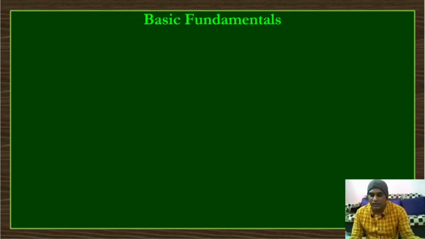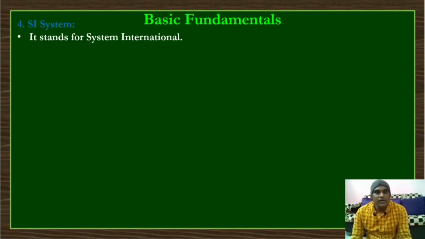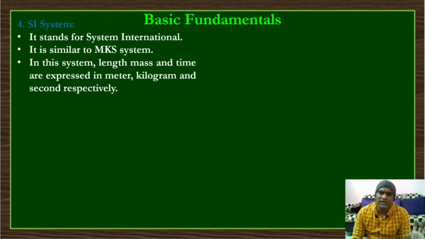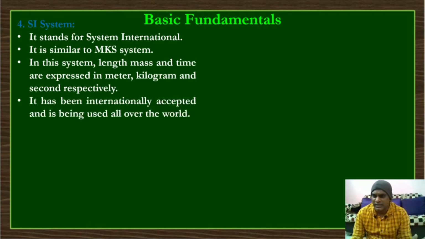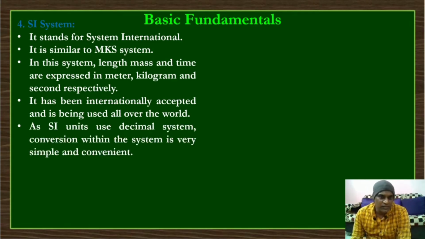This system is worldwide accepted, and it is just like your MKS system. In this, length, mass and time are expressed in meter, kilogram and second respectively. As I told you, it is internationally accepted and is now used all over the world in every country.